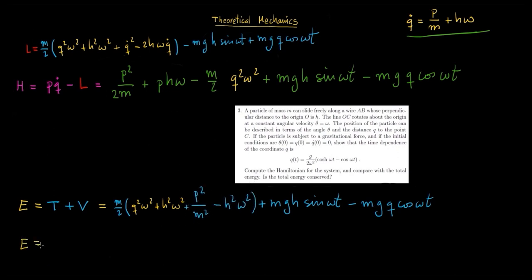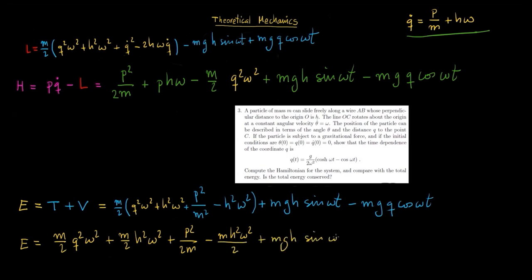So the energy will be, let's see, m over 2 q squared omega squared plus m over 2 h squared omega squared plus p squared over 2m minus m h squared omega squared over 2, mgh sine omega t minus mgq cos omega t.